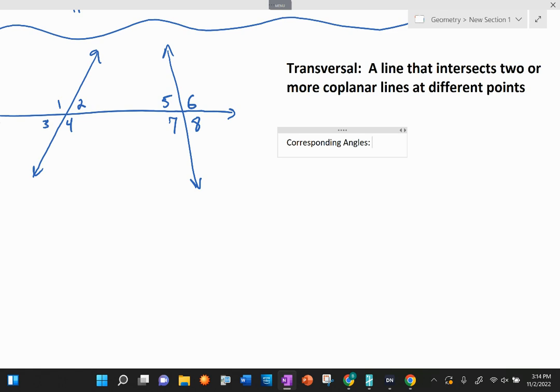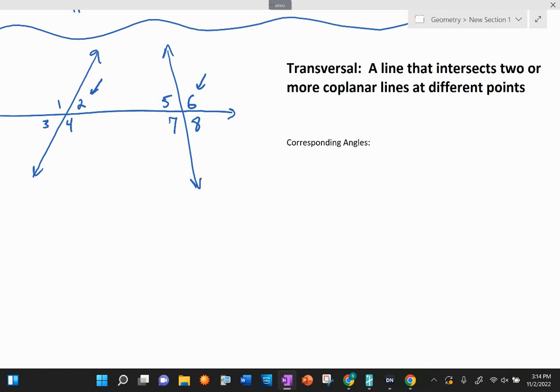I could really use y'all's attention because I don't think we know this yet. Corresponding angles appear when they have corresponding positions. If we look at angles 2 and 6, they are both on the transversal.